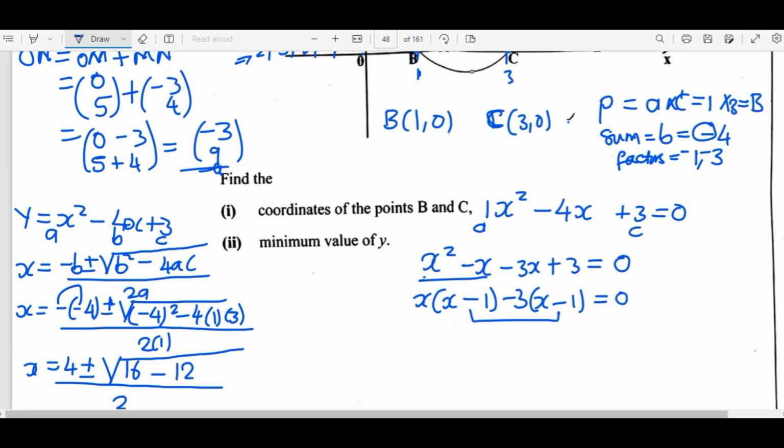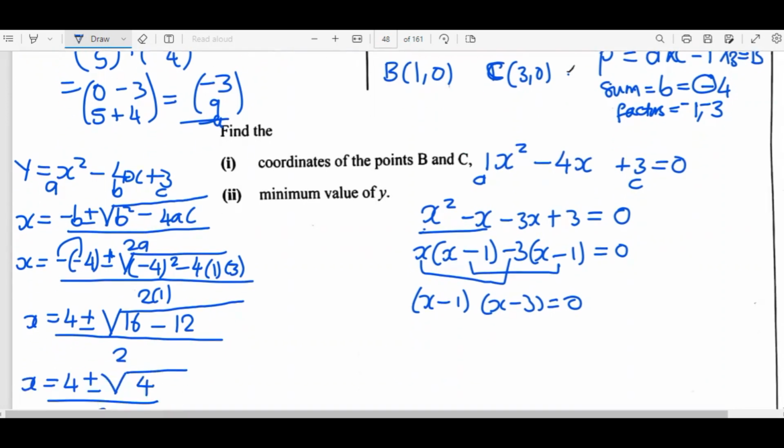So we factor out x minus 1, then this one we form the bracket, which is x minus 3, is equal to 0. Then we equate it to 0. So if we move our negative 1 to the right side, we get positive 1. Then if we do the same, we get positive 3. So we can see that we are still getting the same value.